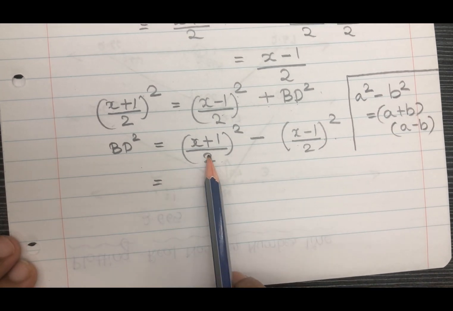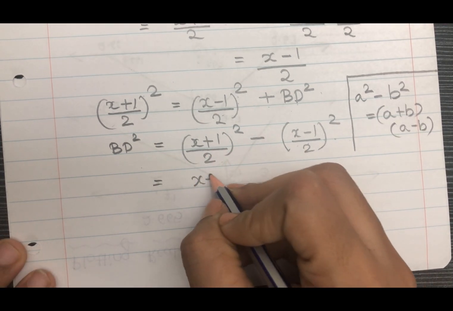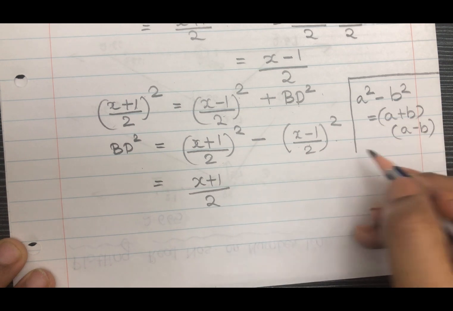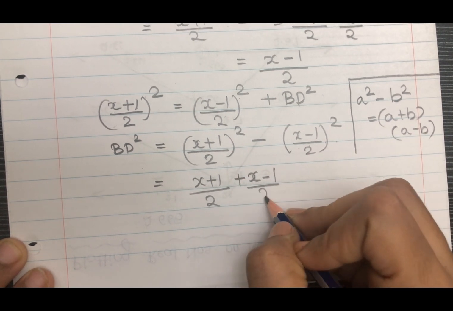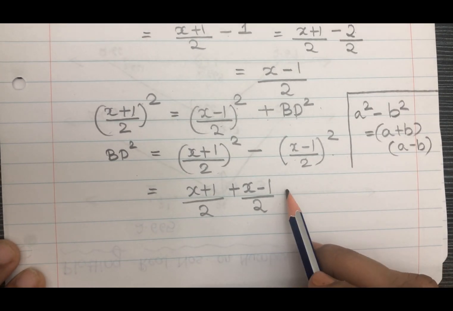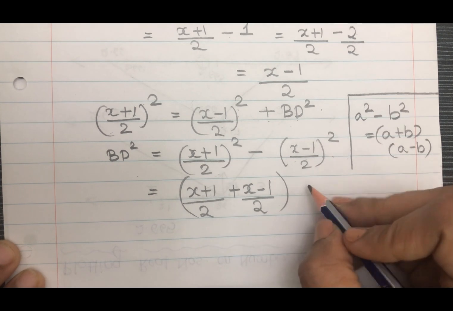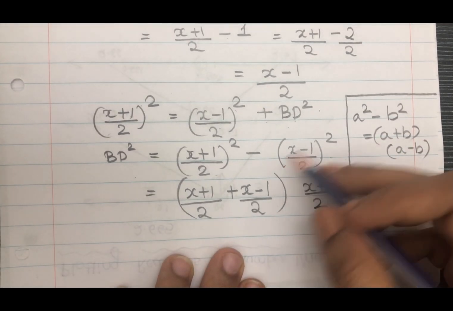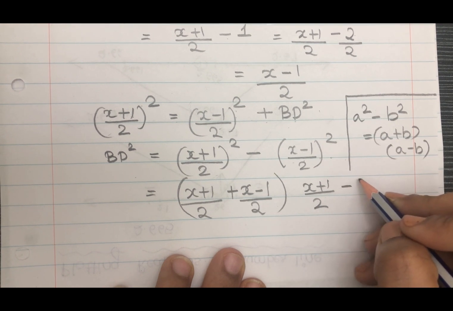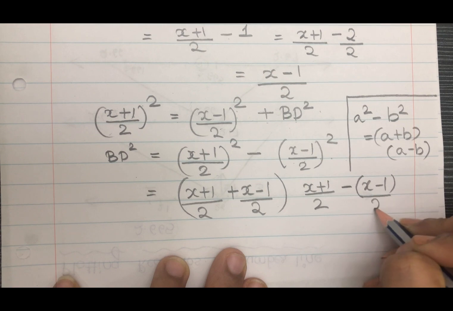So a square minus b square: a plus b, so (x plus 1) by 2 plus (x minus 1) by 2, and then into a minus b, (x plus 1) by 2 minus (x minus 1) by 2.